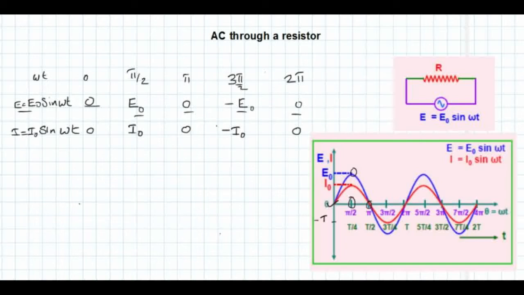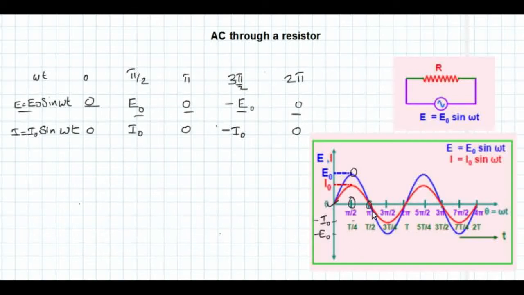Minus I0 and minus E0 will be there, and by the time the EMF becomes minus E0, the current also becomes minus I0.